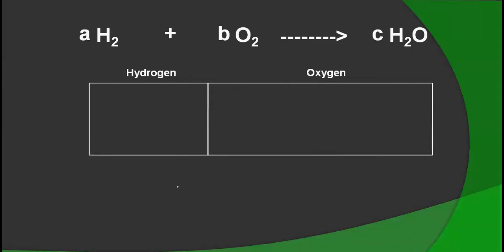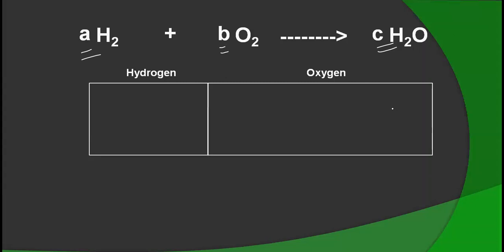Now, I'm going to keep A as such, and I'm going to write B and C in terms of A. That is, I'm going to find an expression for B in terms of A, whether B is half of A, or whether B is twice that of A, or whether B is thrice that of A, and so on.